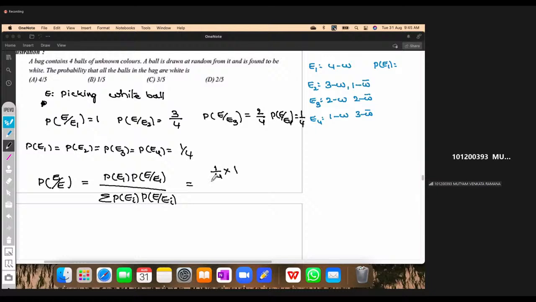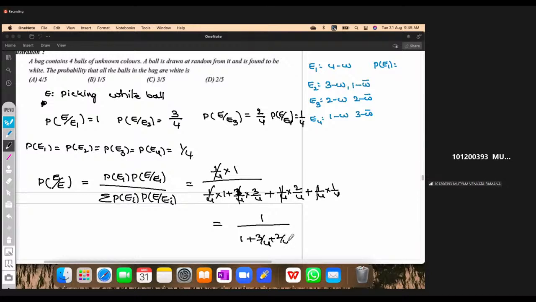Which is equal to 1/4 into 1 divided by 1/4 into 1 plus 1/4 into 3/4 plus 1/4 into 2/4 plus 1/4 into 1/4. 1/4, 1/4 cancel every time. This is equal to 1/1 plus 3/4 plus 2/4 plus 1/4.